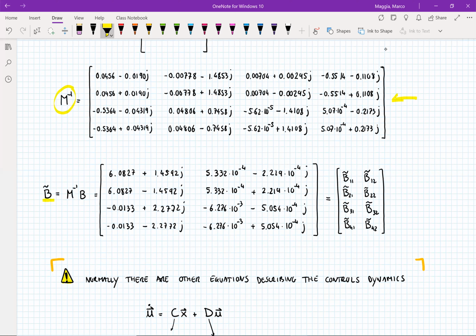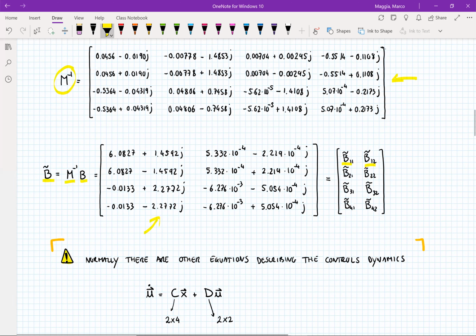And this is going to be, so M inverse is a 4x4 matrix, B is a 4x2 matrix, therefore B tilde is going to be a 4x2 matrix also. And here you have the entries. And we can also give them the names B tilde 1,1, B tilde 1,2, and so on and so forth.